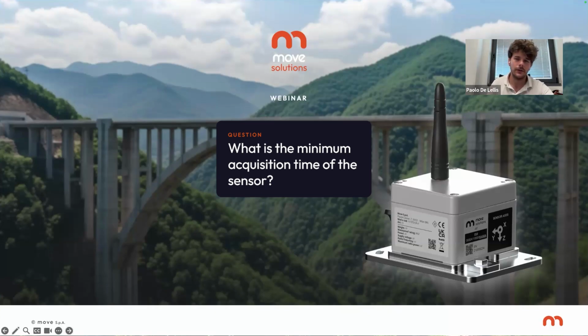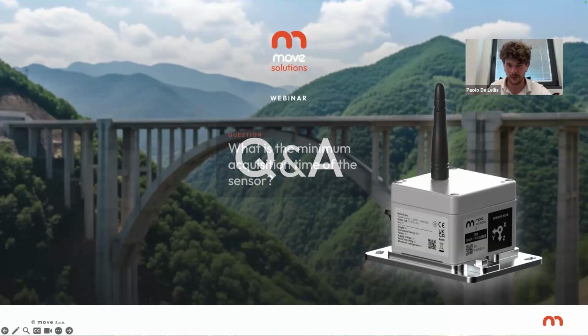This means, for example, that if you have the static deflection tool with the sensors configured every 30 seconds, you obtain the data and the static deflection every 30 seconds.